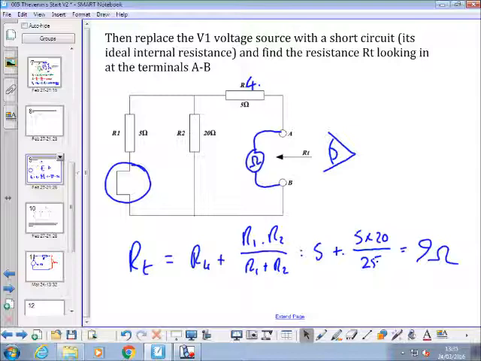So the Thevenin resistance is 9 ohms. It's just that resistance looking back in at the terminals where you've removed your load resistor.